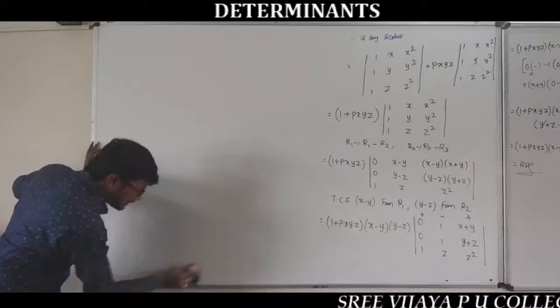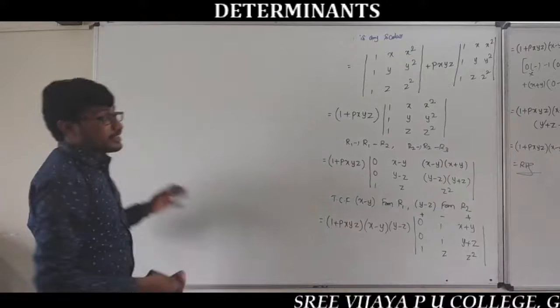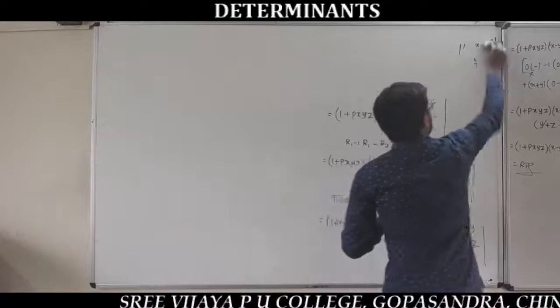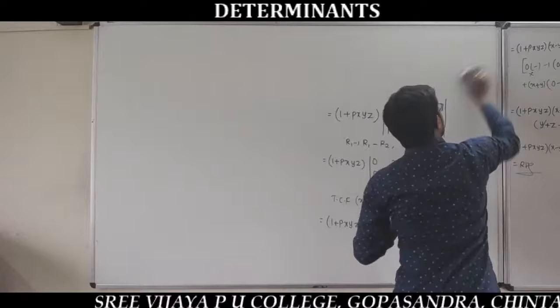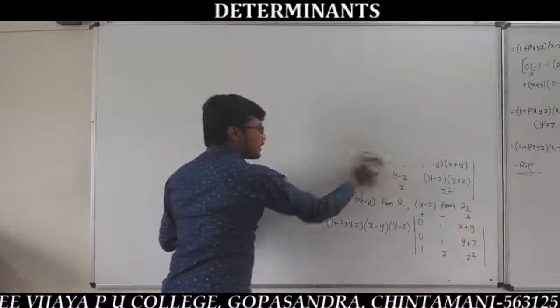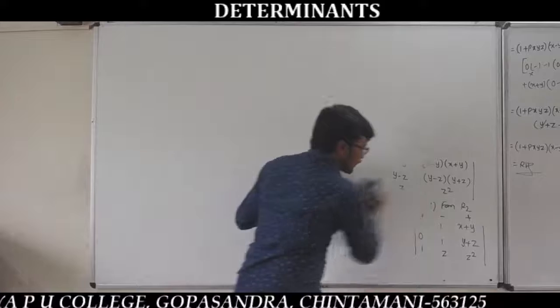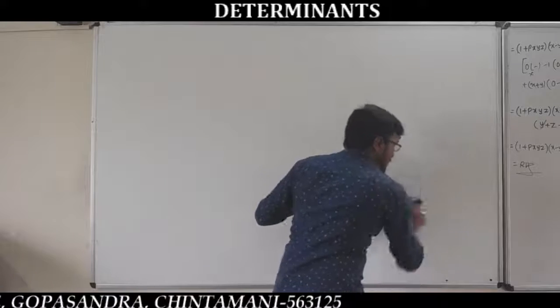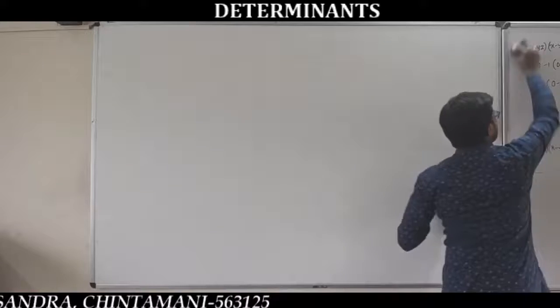And in the 10th standard you studied about 3 points: x1 y1, x2 y2, x3 y3. So then what is area of triangle? Area of triangle is 1 by 2 into x1 into y2 minus y3 plus x2 into y3 minus y1 plus x3 into y1 minus y2.